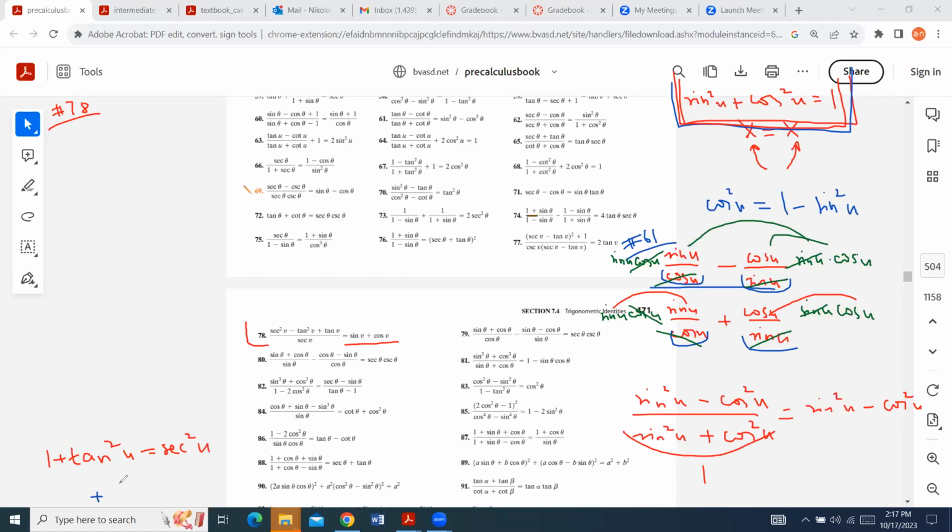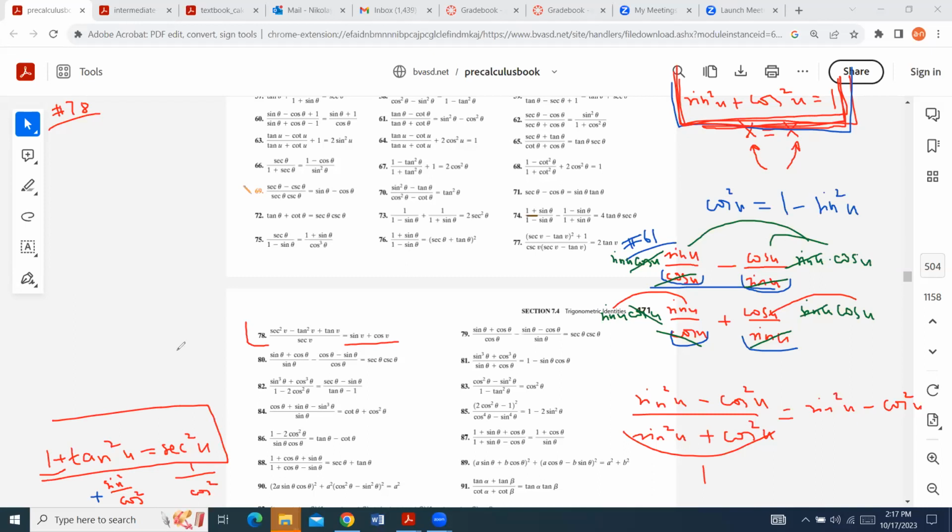And in order to see why, you just need to rewrite tangent as sine over cosine and secant as 1 over cosine, and then you will see that the common denominator is cosine, so you write number 1 as cosine over cosine, of course, squared, and then it turns out this Pythagorean theorem will be involved.